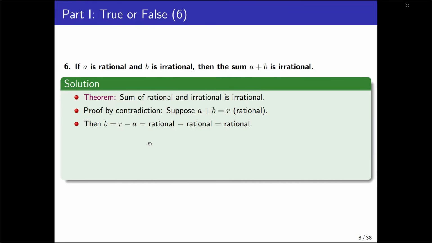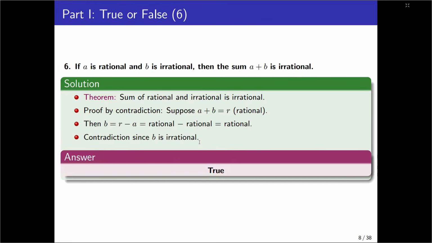But what we are given here is that b is an irrational number. So this is a contradiction, since b is irrational. Therefore, the answer is true. That means the sum of any rational and irrational number is always an irrational number.